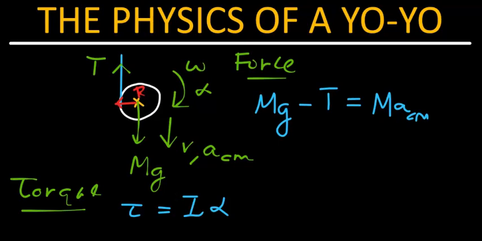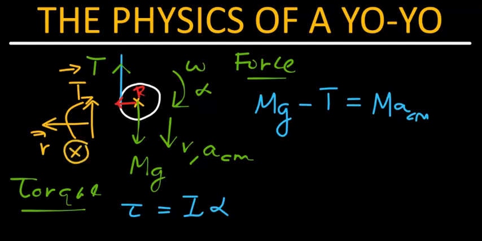What is the direction of that torque created by the tension? That r vector is going leftward. The force, in this case the tension, is going upward. So when you use your right hand fingers and you curl from r to the force, in this case T, your right hand thumb is going into the board. So that is the direction of this torque created by this tension.